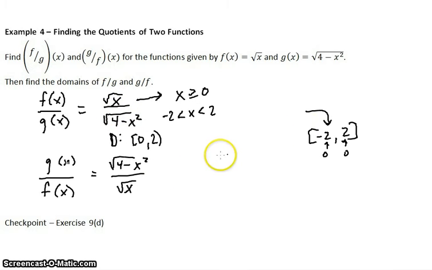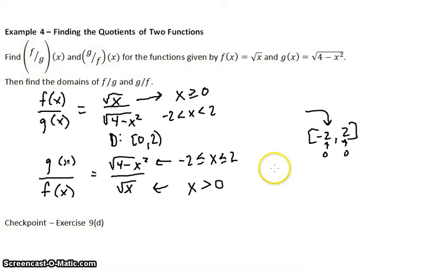Now, in reverse, in the numerator, I can use -2 and +2. The reason is because I get a 0 in the numerator, it's okay. The problem is I can't have a 0 in the denominator, so I have to say that it can only be greater than 0.